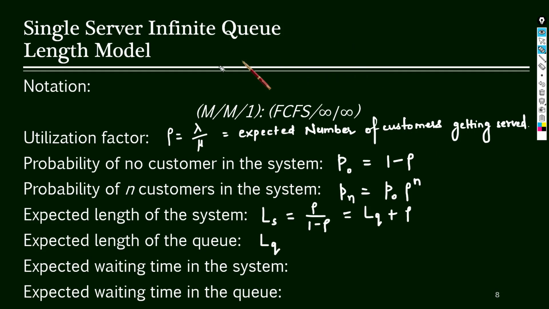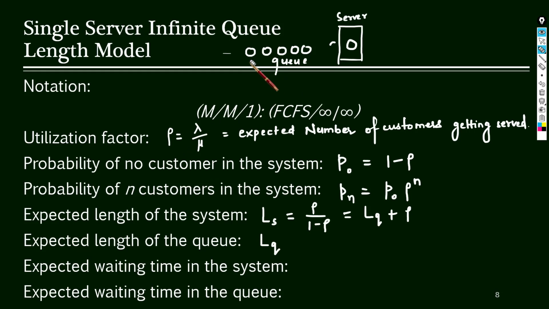Actually, if you see the system, it's like this. This is the queue, and here is the server who is giving service, and there is one customer here, he is getting served. This is denoted by rho.